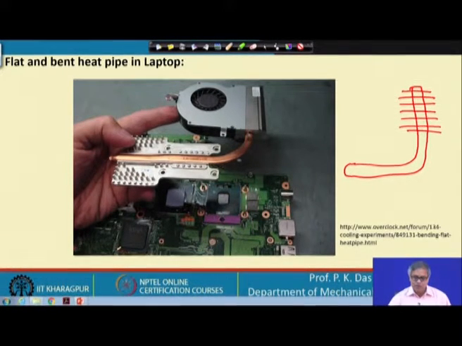This is a flat tube and bent tube, this is the condenser section. Here the outside heat transfer is enhanced by providing fins, and by providing an air flow over the fin structure, heat is ultimately rejected to the ambient atmosphere.